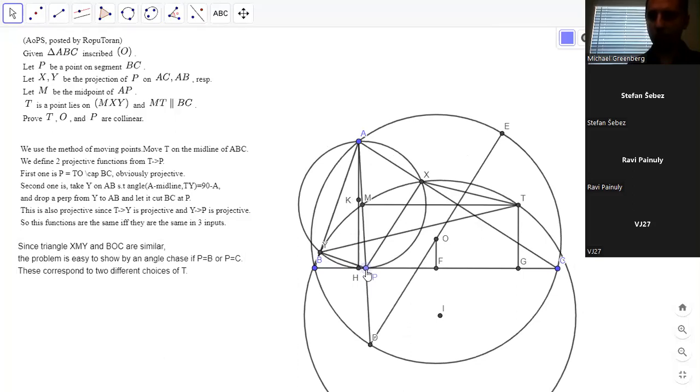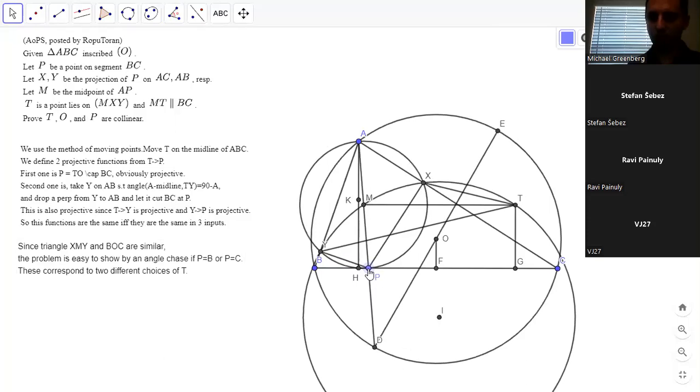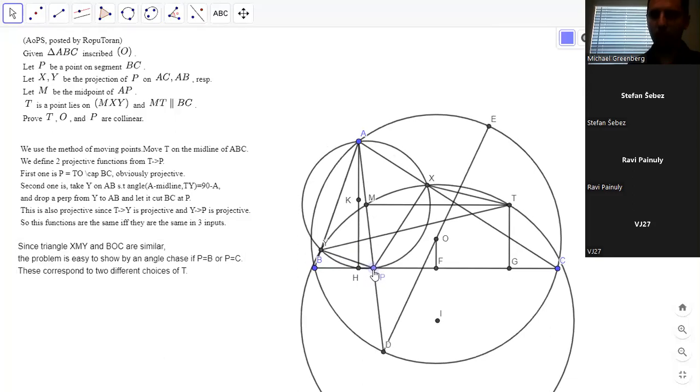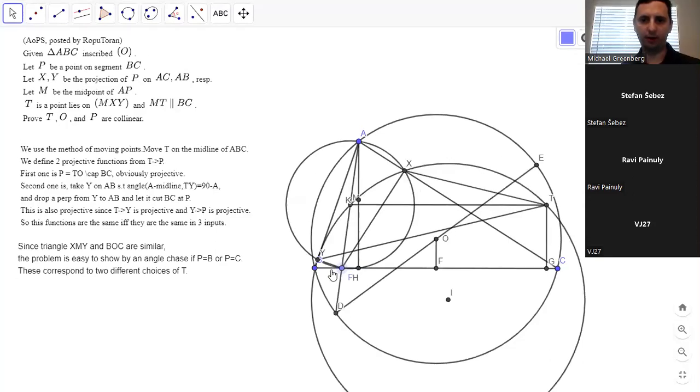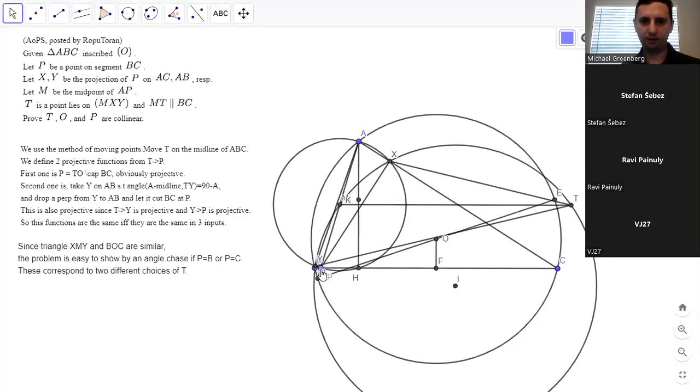Okay, so when P is the point at infinity on BC, then T is also the point at infinity on MT, and then the problem's kind of true, because this circle just kind of gets wider and wider, right?